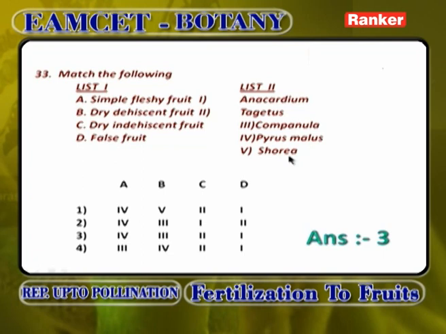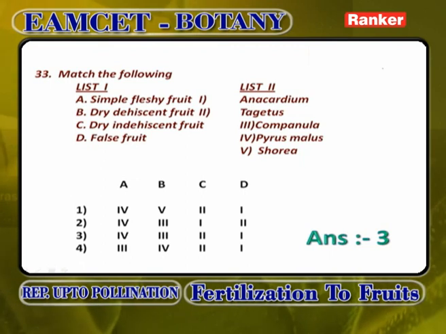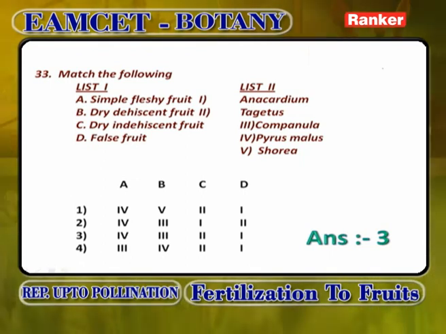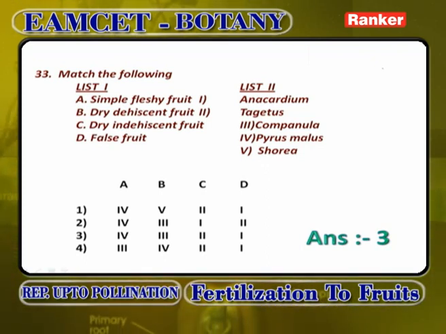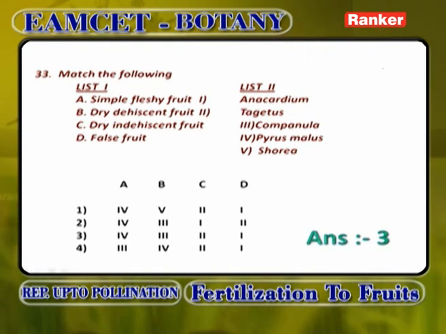Simple fleshy fruit is Pyrus malus. Dry dehiscent fruit is Campanula, which shows porous capsule. Dry indehiscent fruit is Tagetes patula, with cypsela. False fruit is Anacardium occidentale. So the answer is 3: A4, B3, C2, D1.